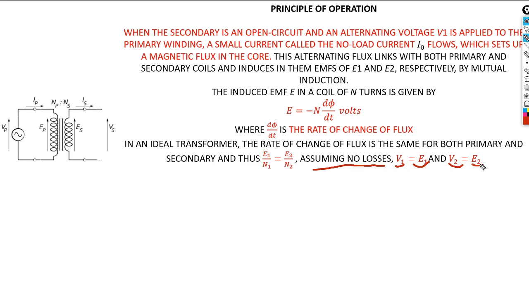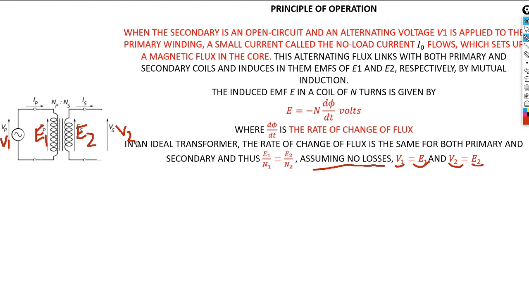What is the difference between the two voltages? V1 is the supply voltage from the source. E1 is the induced EMF on the primary side. E2 is your induced EMF on the secondary side. And then V2 will be the voltage from the secondary side, which is going to be the voltage across our load.